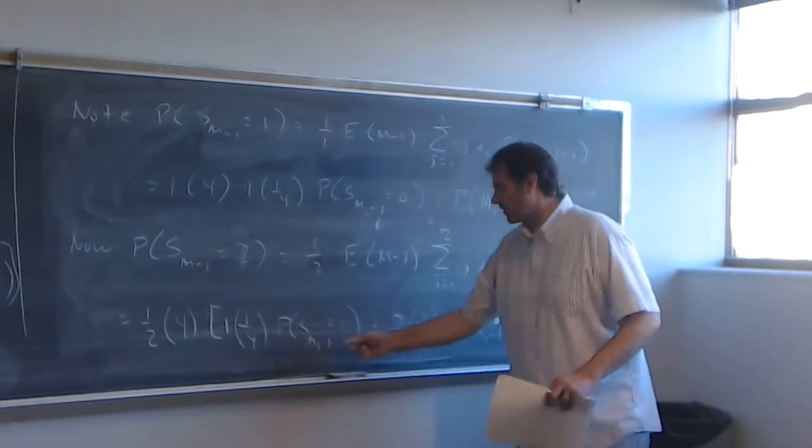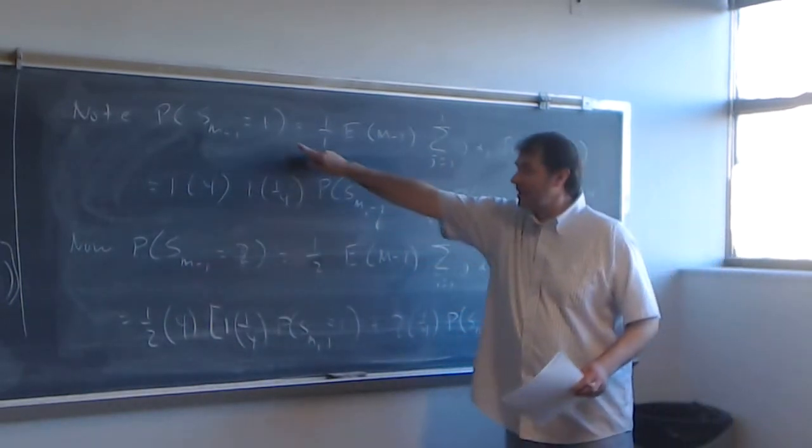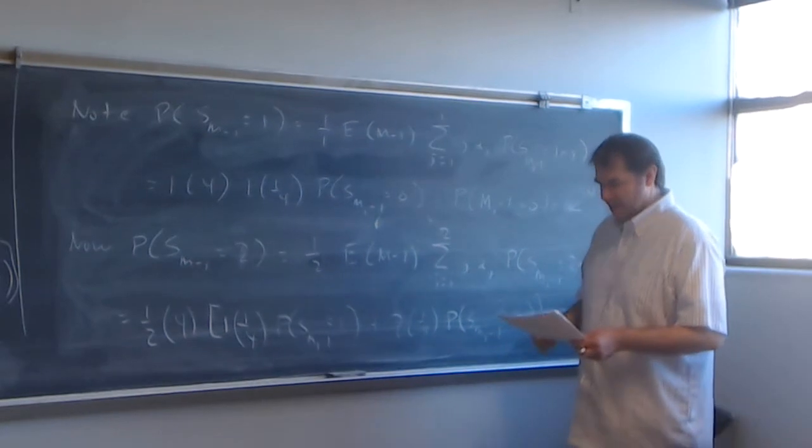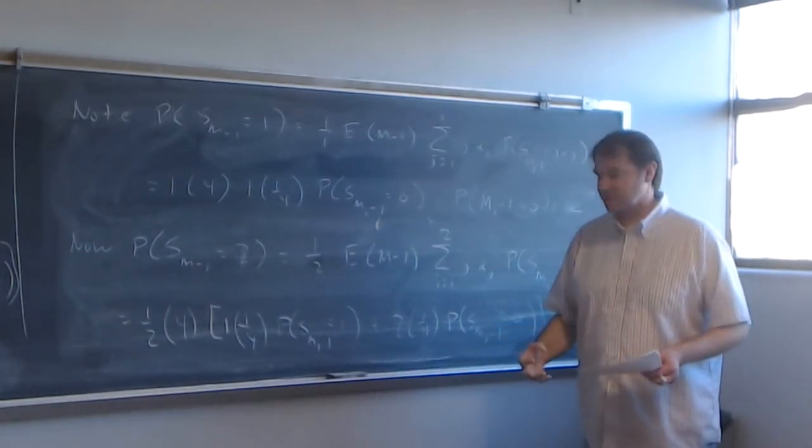Now, it turns out that these values are really different than what's here, but we can use the same ones because the m's are Poisson.